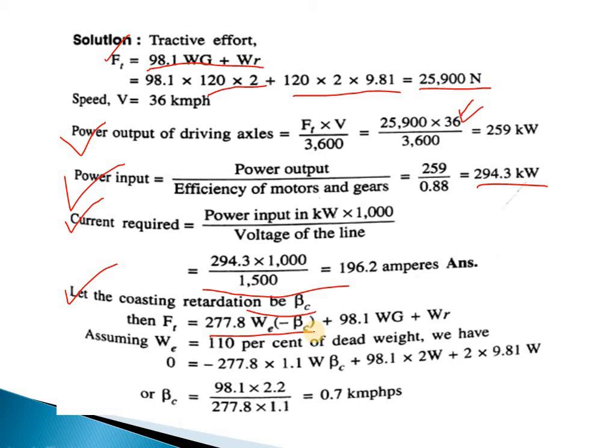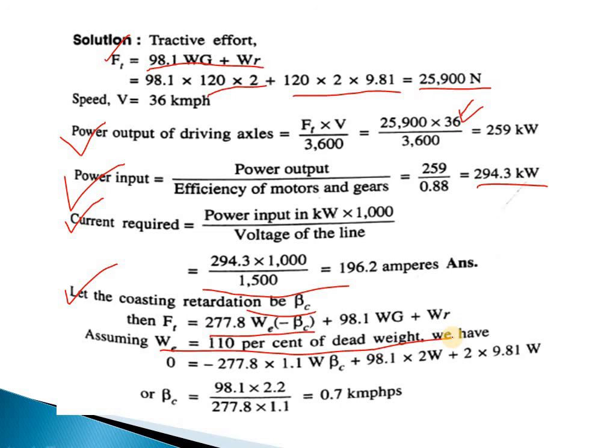So here we have to calculate the coasting retardation actually, and for getting that value, all the given values we have to put. Assuming that We equals 110% of the dead weight. Actually here we are assuming that it is 110% of the dead weight as the value is not given. So this is the standard one we can consider.